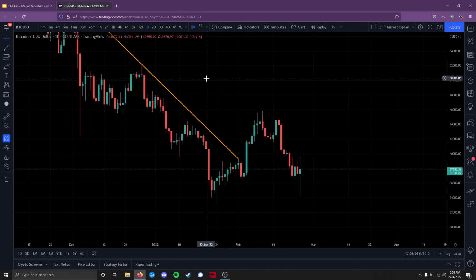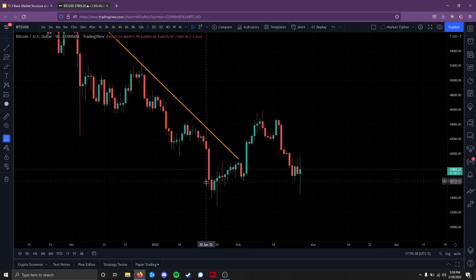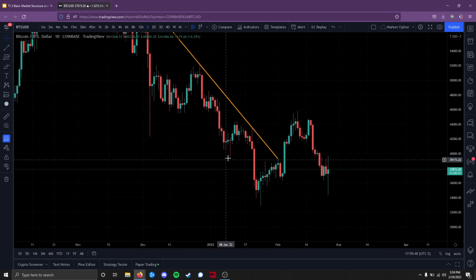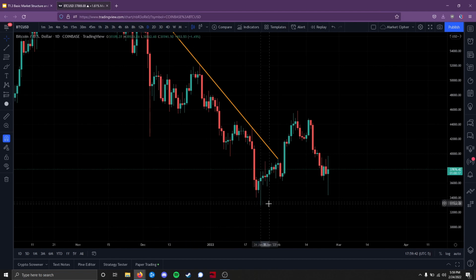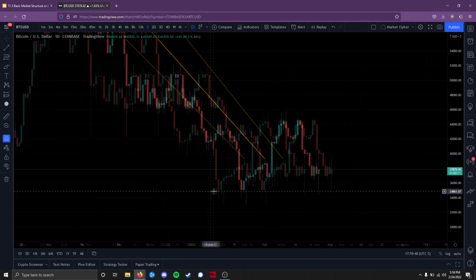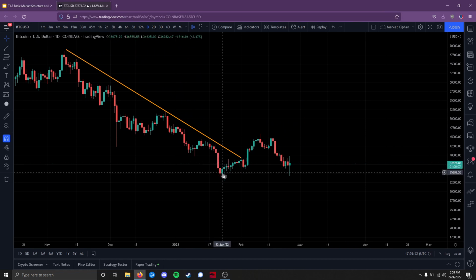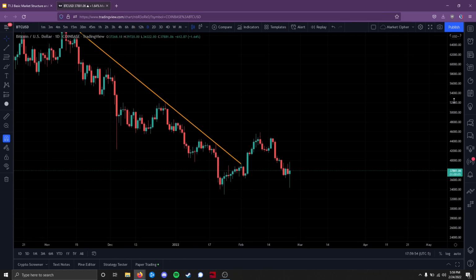So as we came to this lower point into February, Bitcoin reached a new low, right? We're seeing these descending lows, lower highs, lower lows. We start to see a bit of a shift in the market and a break against this, where instead of producing yet another low at this point, Bitcoin actually came up and produced a higher high, followed by a higher low, right?